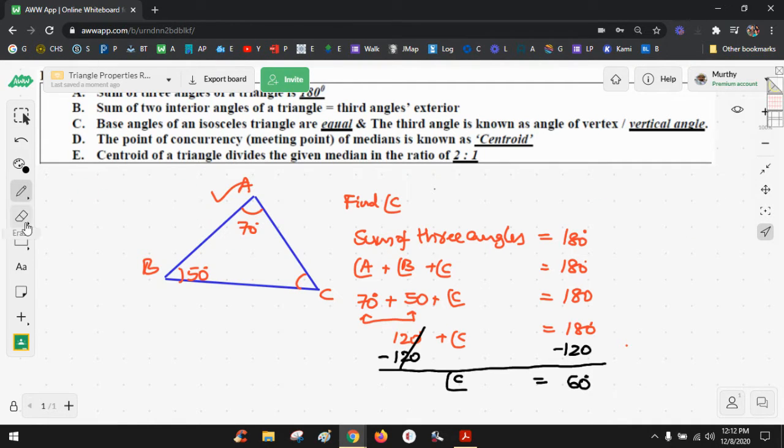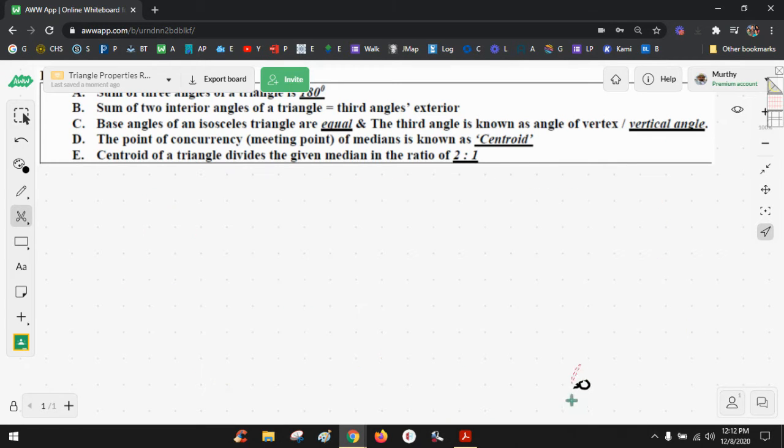So that was a quick example of the first property I explained, and coming to the second one. The second point says that the sum of two interior angles of a triangle equals the third angle's exterior. In fact, let's say that there is a triangle with an extended side.